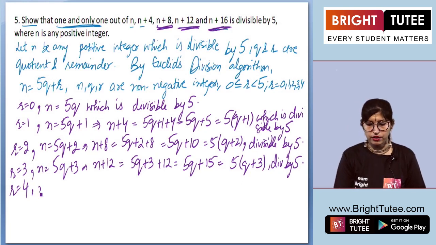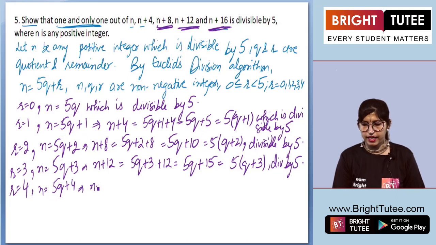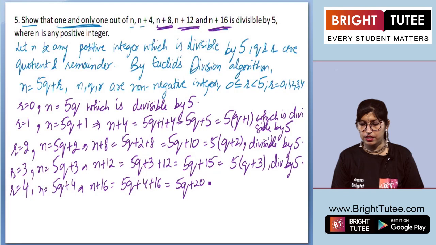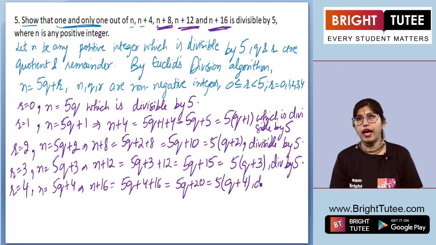If r is 4, then n will be 5q plus 4, which says that n plus 16 will be 5q plus 4 plus 16, which is 5q plus 20. Taking 5 common, we are left with q plus 4, and that is divisible by 5.